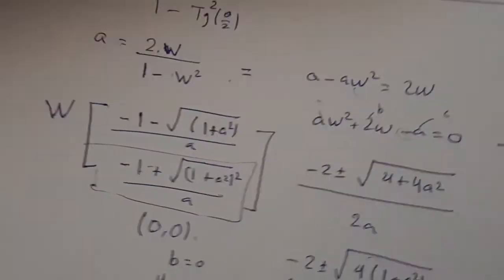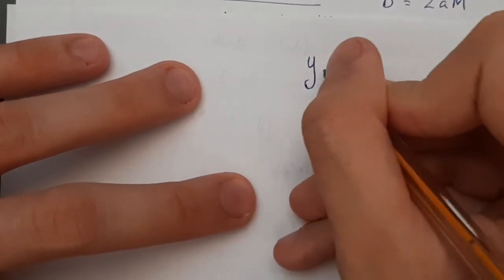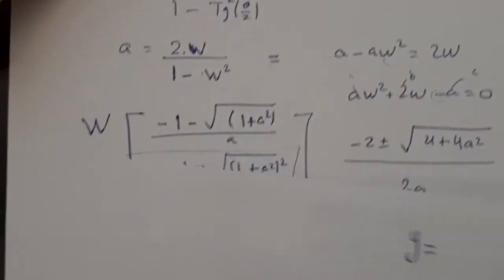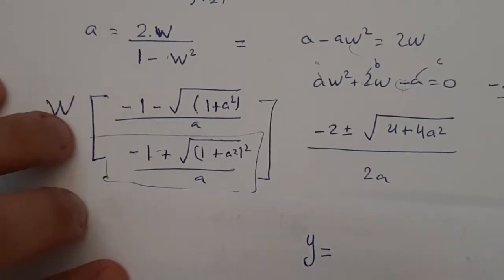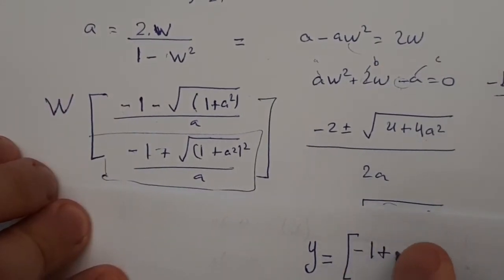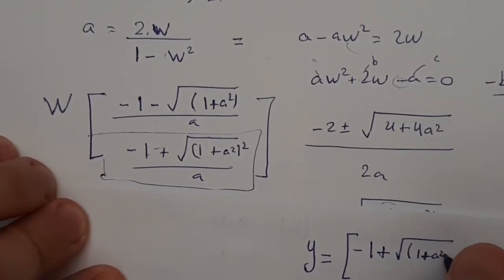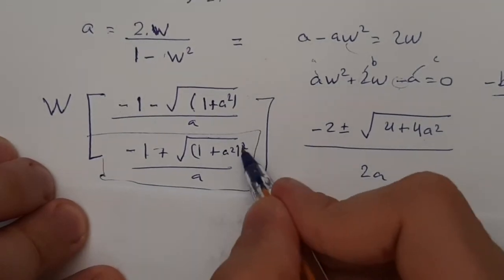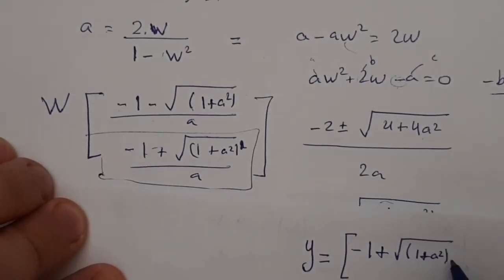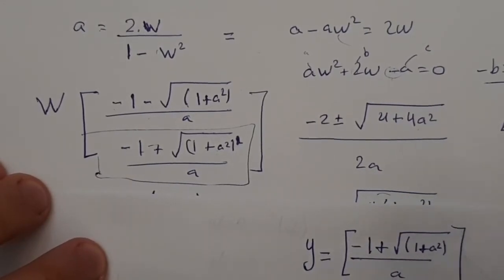So let me just take over here. So what can we do now? We are going to say that our third line is y equal to all this big stuff over here as our w: minus 1 plus the square root of 1 plus a squared, all divided by a, multiplied by x.